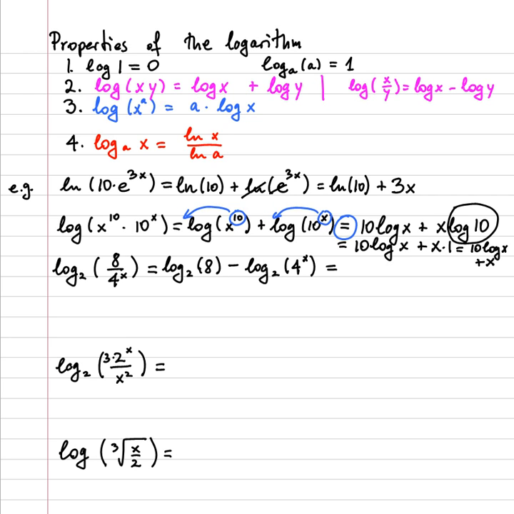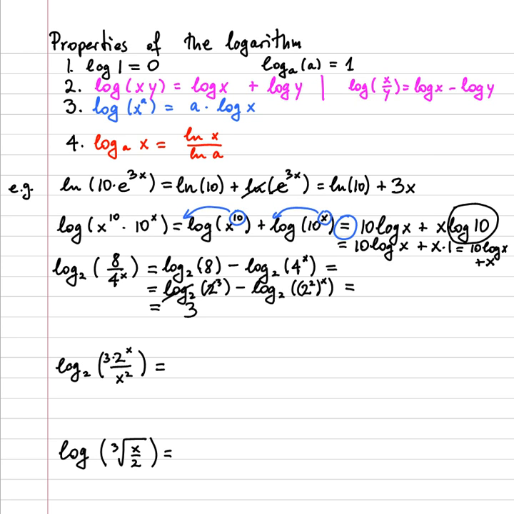Now I can rewrite 8 as 2 to the 3rd power, 2 cubed minus, and I will write 4 as 2 squared raised to x. Now log base 2 and 2 raised to something are inverse functions of each other, so they cancel each other out.